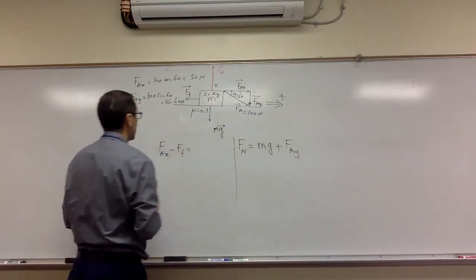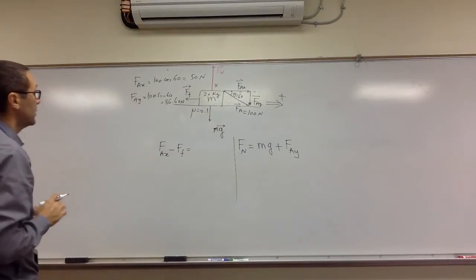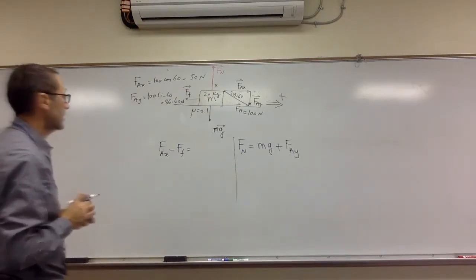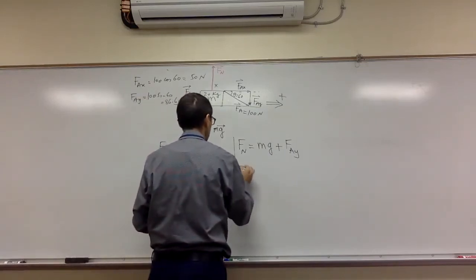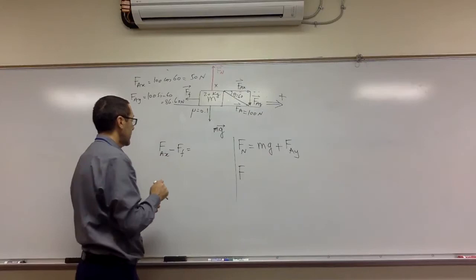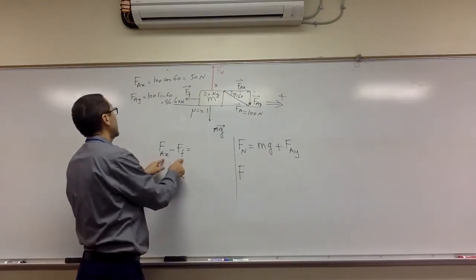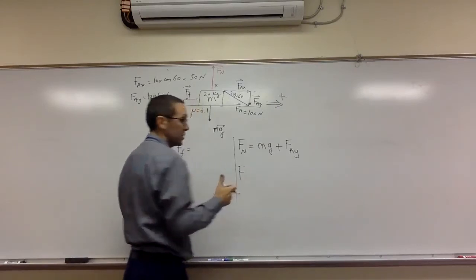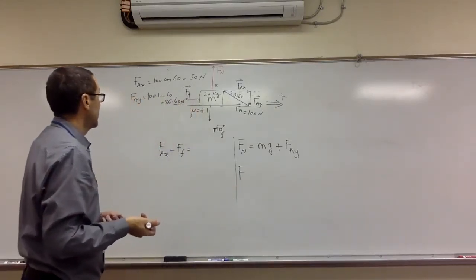Now I don't know if it's going to accelerate or not, so maybe I should figure out what Fn is first, right? And then find out what the friction is, and based on that I can decide. Because if the friction turns out to be exactly Fax, then there will be no acceleration, which means we're probably just going at a constant velocity.